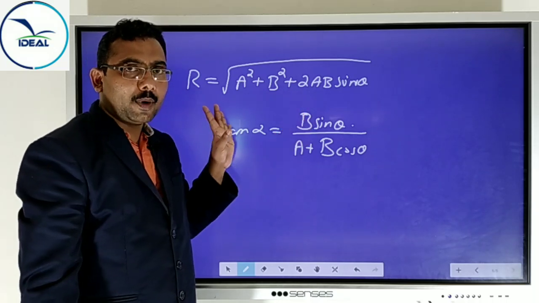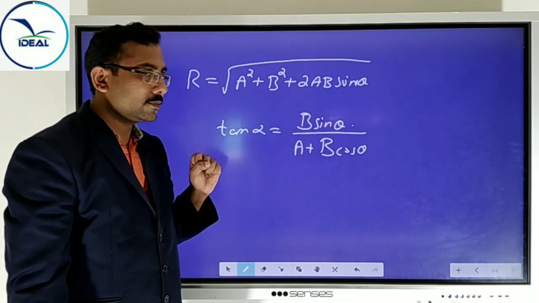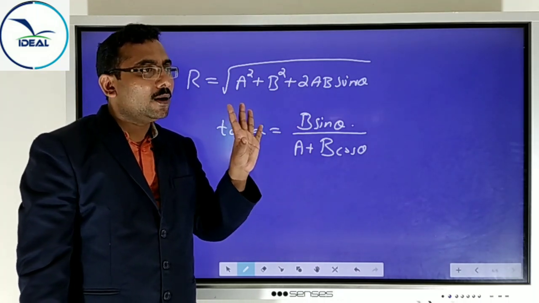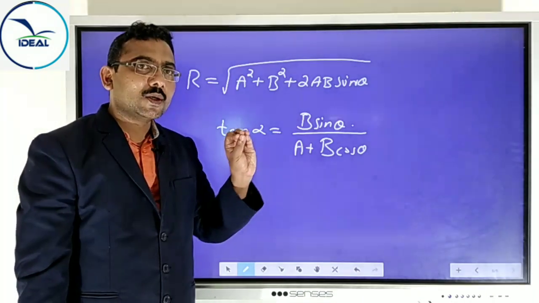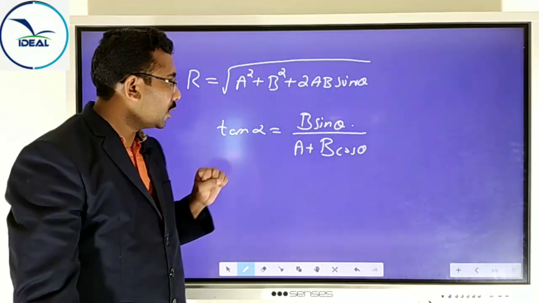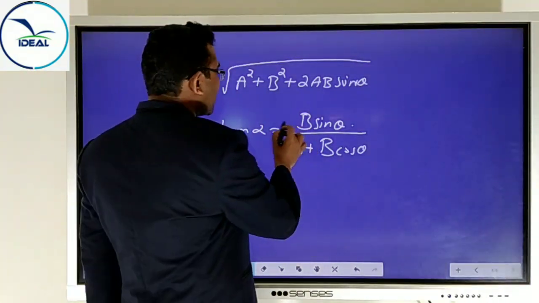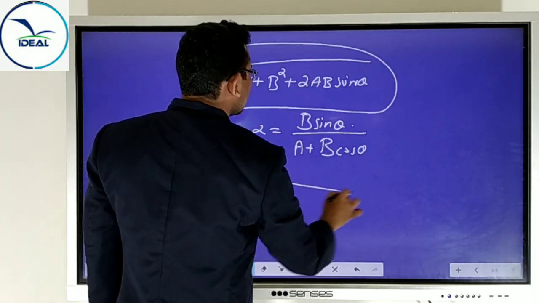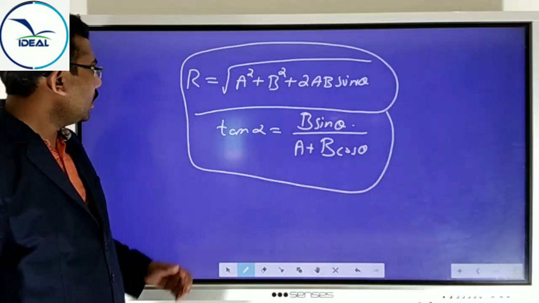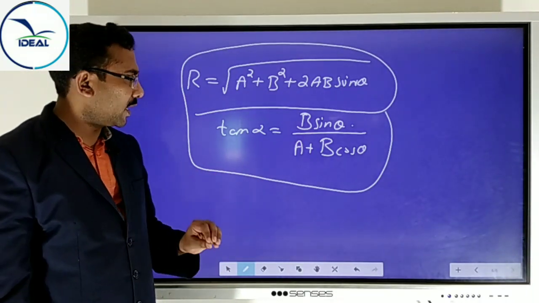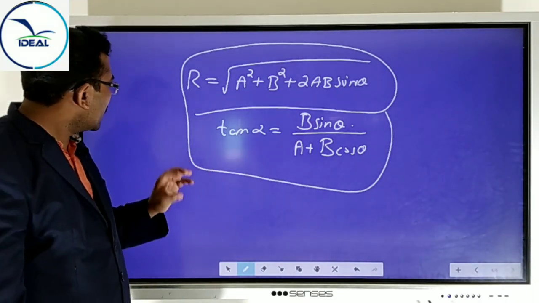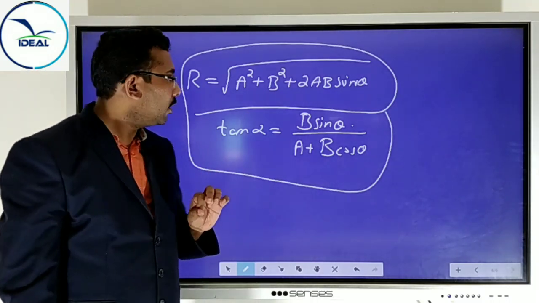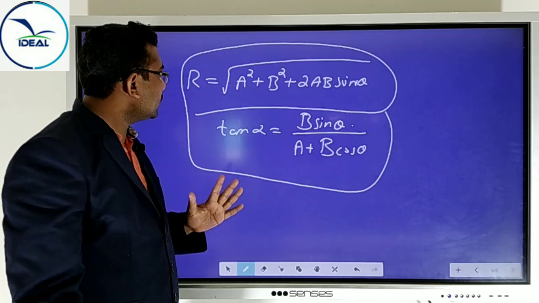Opposite side is B sin theta, adjacent side is A plus B cos theta. Remember these two equations, very important, and also note the special cases, the important 4 cases. They will help you simplify and solve problems.